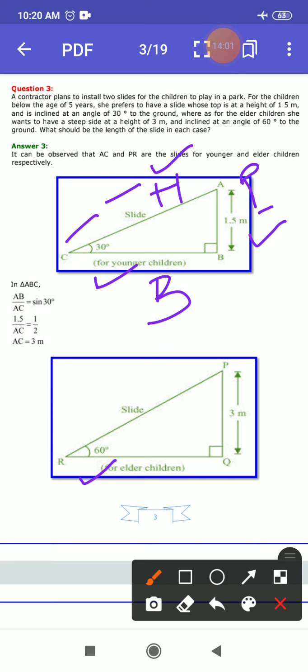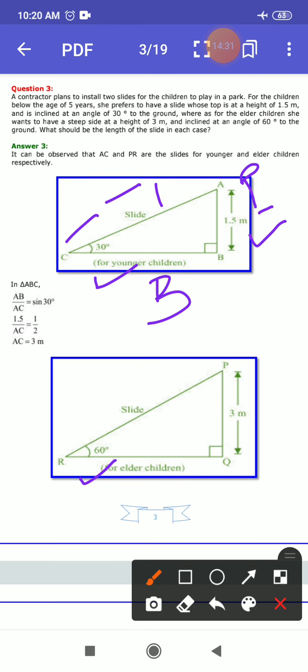So we use the relation between the perpendicular and hypotenuse, and this relation is sin theta, as you know. So sin theta, that means sin 30, is equal to AB upon AC, where AB is your perpendicular.